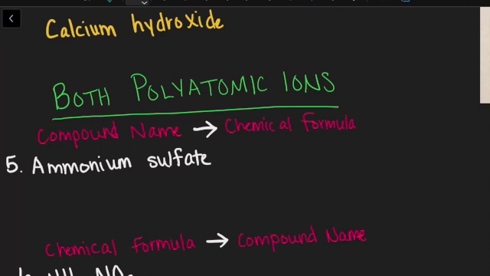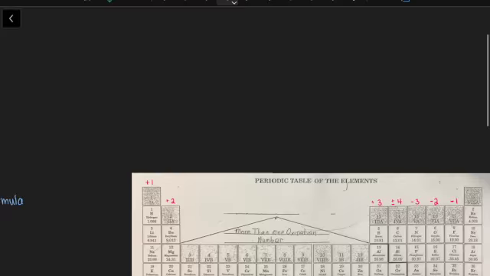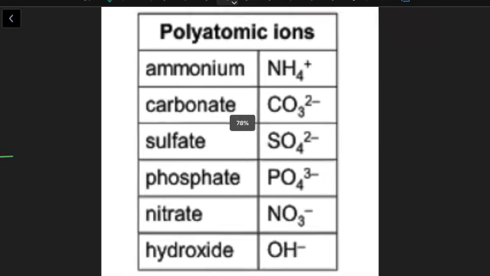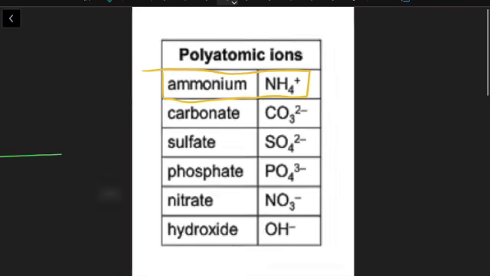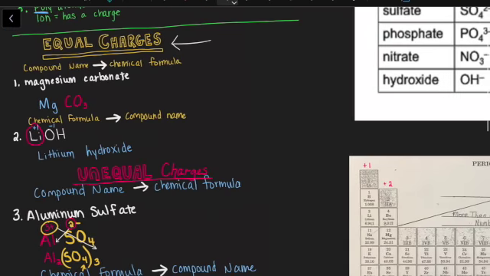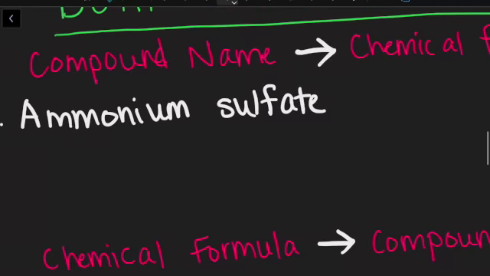So if you have trouble finding the element, look at your polyatomic ion chart and see if it's there. So let's go up here and see if we see ammonium. And we do. Here it is. NH4 with a +1 charge.